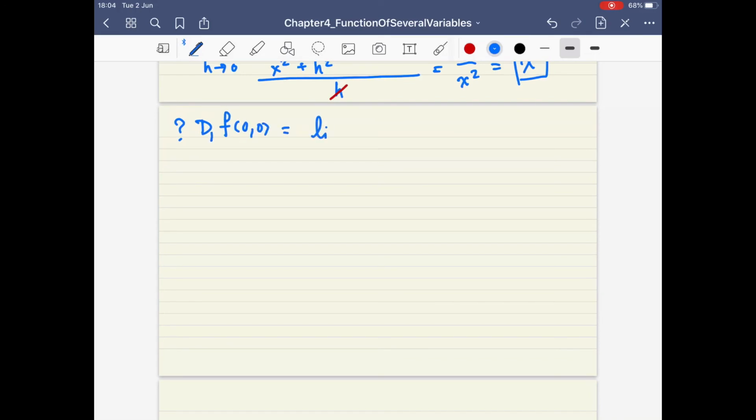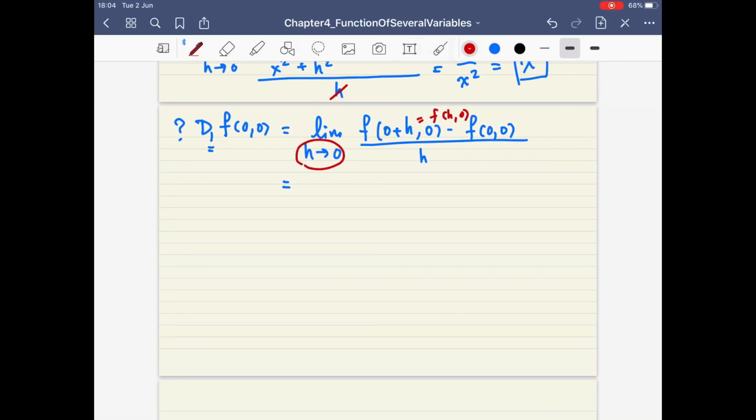So this one is actually the limit as h goes to 0 of f. This one is the change in x, so it's 0 plus h, and then 0, minus f at (0, 0) over h.